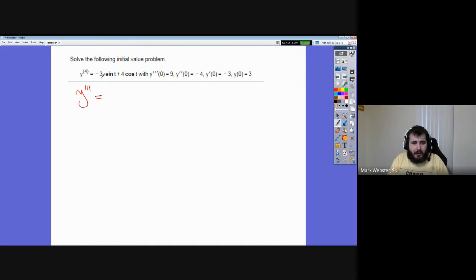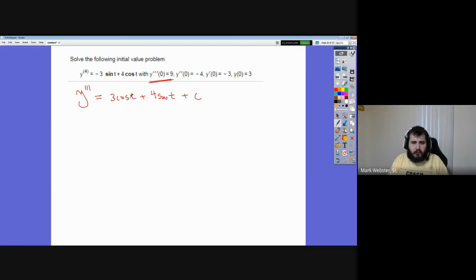We integrate negative 3 sine t, we get 3 cosine t. We integrate 4 cosine t, we get 4 sine t plus c. And they tell us that when t is 0, y is 9, right? So let's figure that out together.